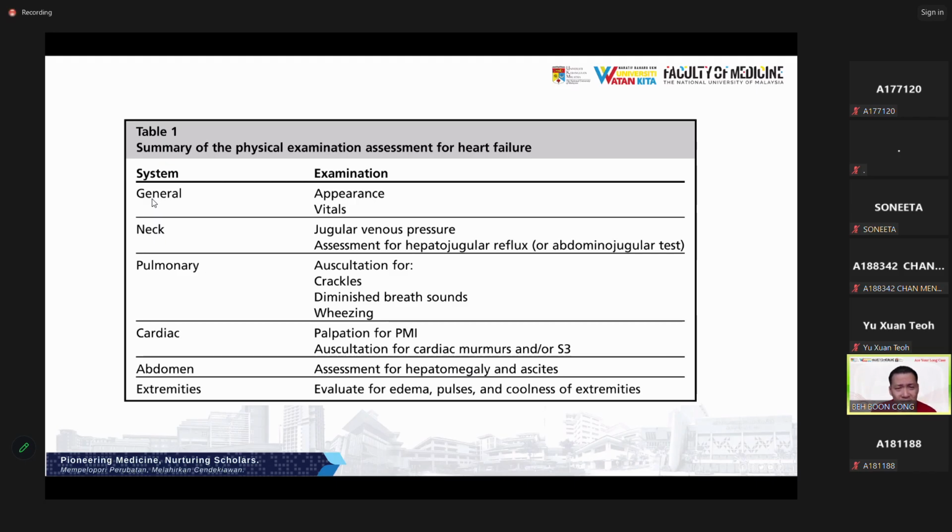From auscultation, if the patient still has symptoms, usually they have bilateral low zone or bibasal collapse. If you assess the apex beat, if the patient has heart failure with a dilated heart, usually the apex beat is already displaced. Rarely you are going to get hepatomegaly or ascites. And a common one you can see is pedal edema.